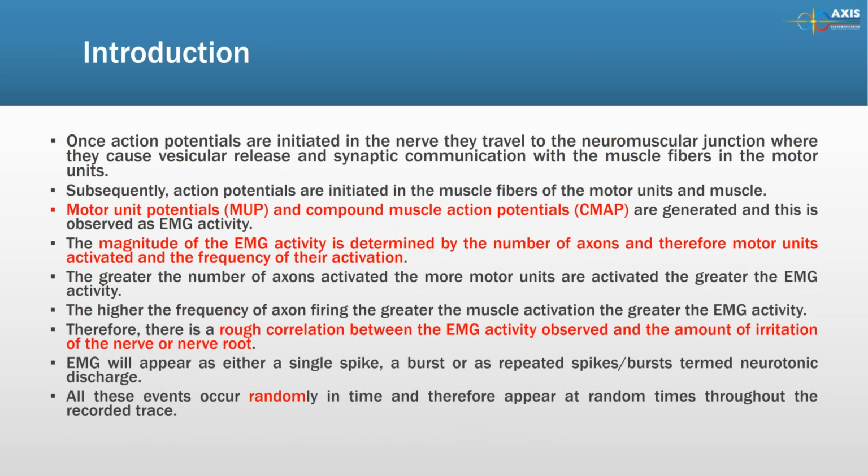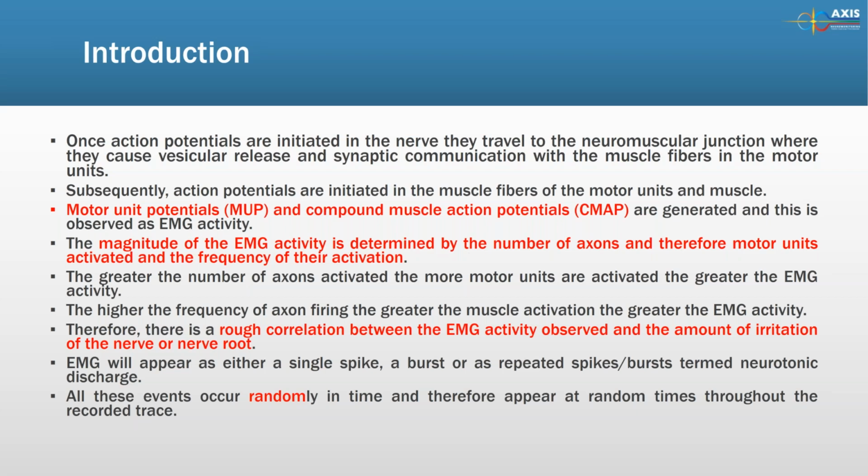Once the action potentials are initiated in the nerve, they travel to the neuromuscular junction where they cause vesicular release. Vesicles are small bubbles, and they reach the neuromuscular junction and open in the synaptic junction, and the neurotransmitters are released from those vesicles and act on the postsynaptic receptors. That leads to an action potential in the muscle fiber.